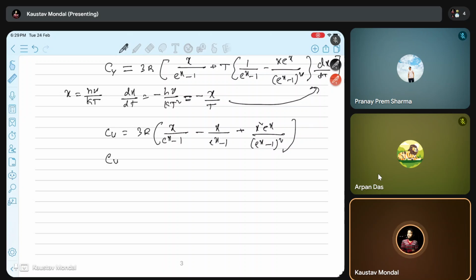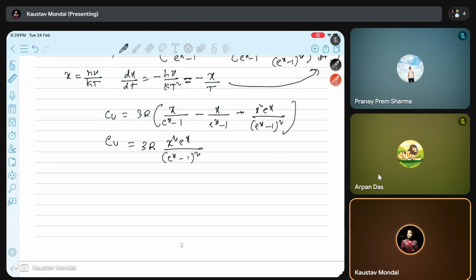Further algebra gives x square e to the power x by e to the power x minus 1 whole square. So this is the final expression.